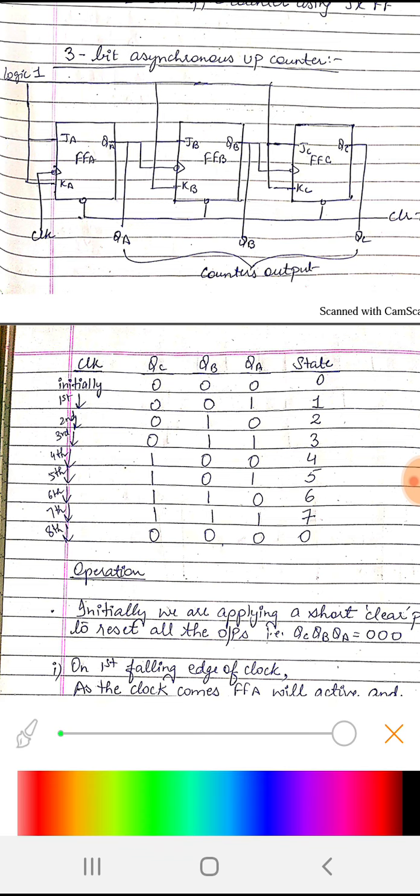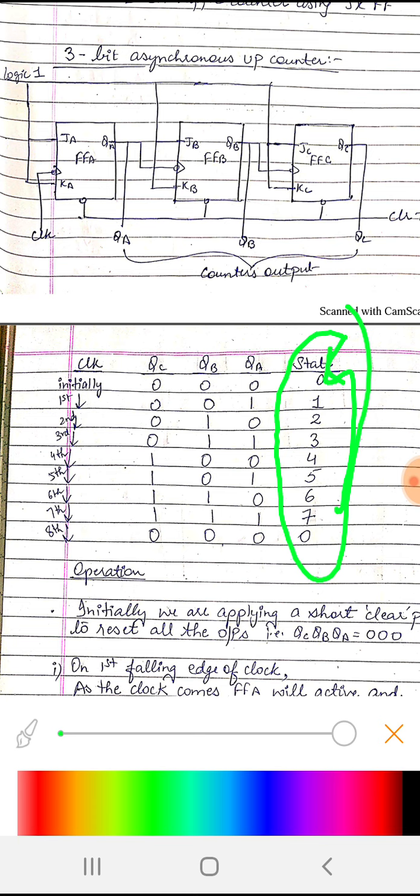It would count from 0 to 7 and then from 7 to 0. Since we are using 3 flip-flops, it helps us count from 0 to 7. The operation is the same as we have seen in the 2-bit asynchronous up counter.